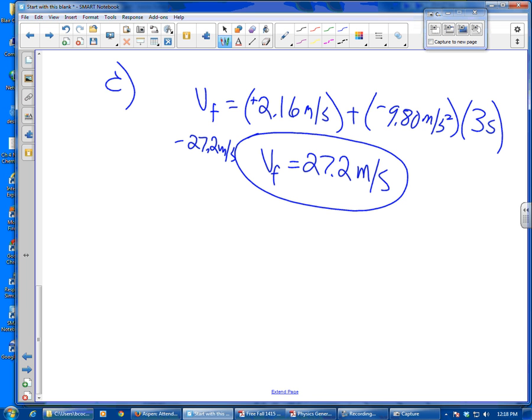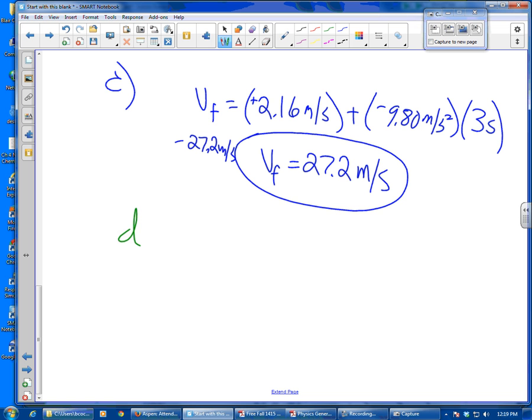The speed is 27.2 meters per second. The negative just means it's going down. And with speed, it's like your speedometer. It never tells you what direction you're going in. It just tells you you're moving at this rate. If it said, what's the velocity, or what direction is it going in, by getting the negative, you know it's going down.